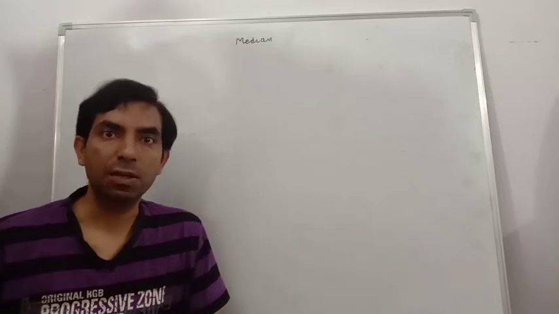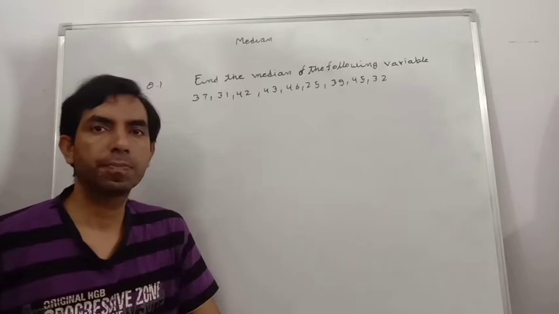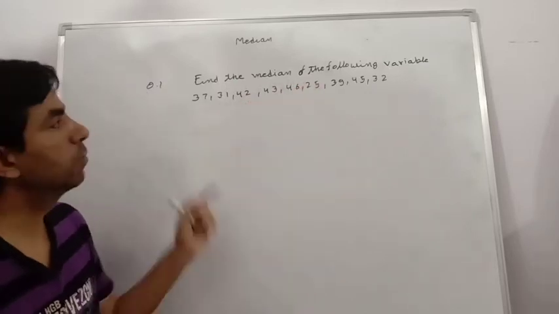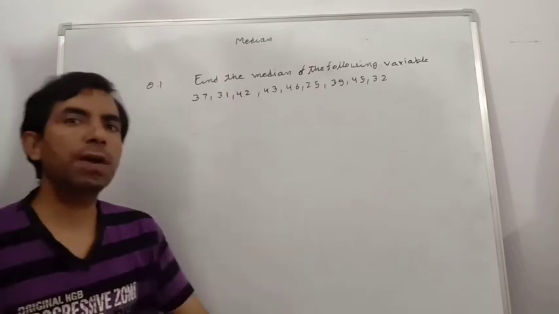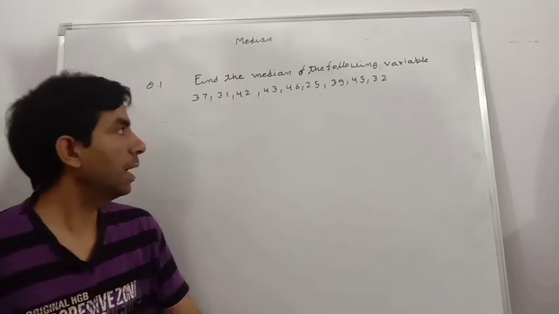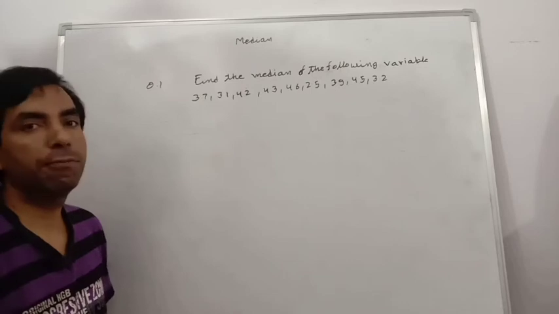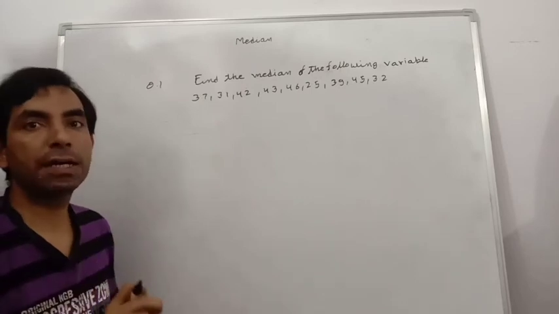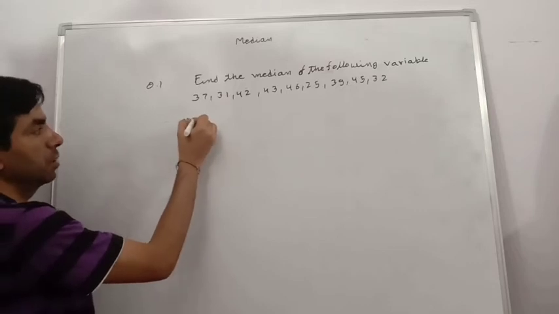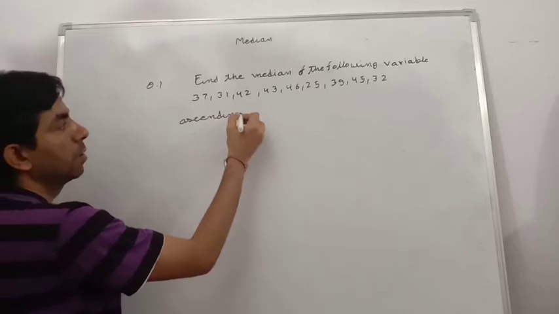So let's start today's first question. Here we are given: find the median of the following variable, meaning the following data. For finding the median in an ungrouped frequency distribution table and this individual distribution, we have to write all the data in ascending order.